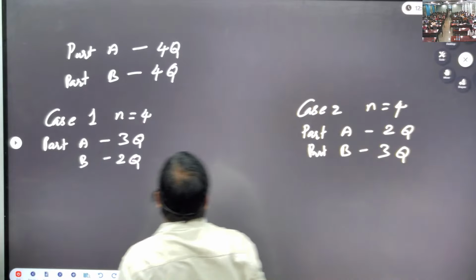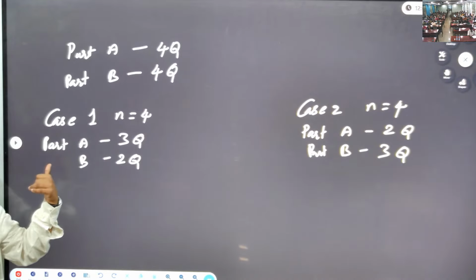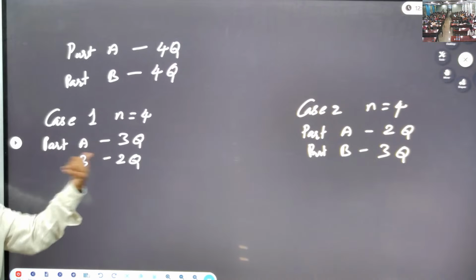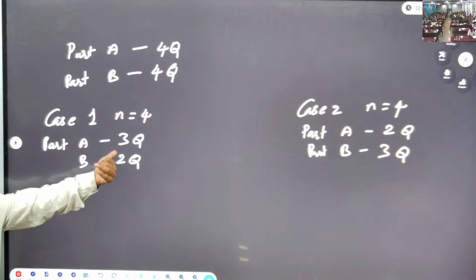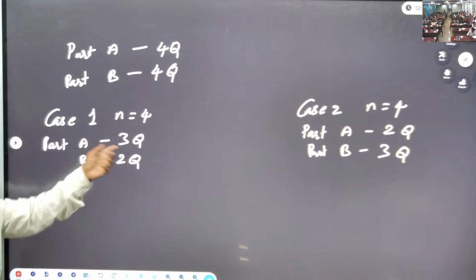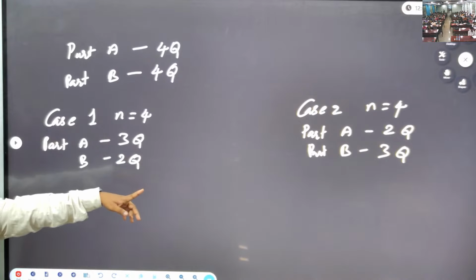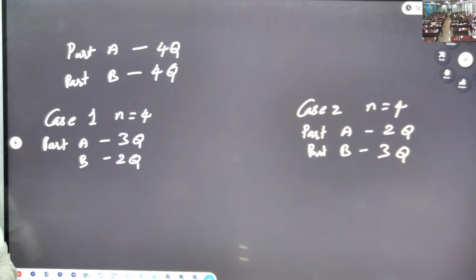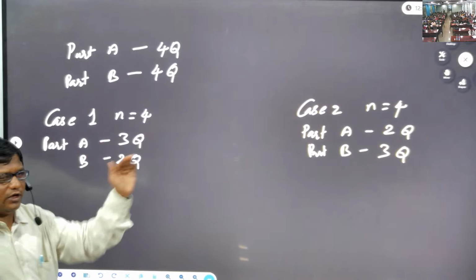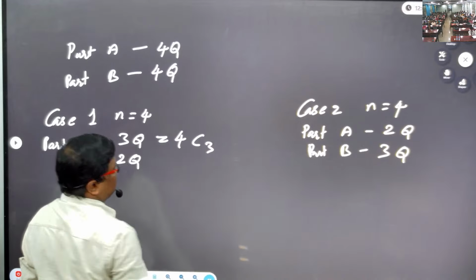Right. Now, what is your R in case 1? In the first case, if you are attempting 3 questions from part A, what is your R value? R value is 3. So the value here is 4C3.